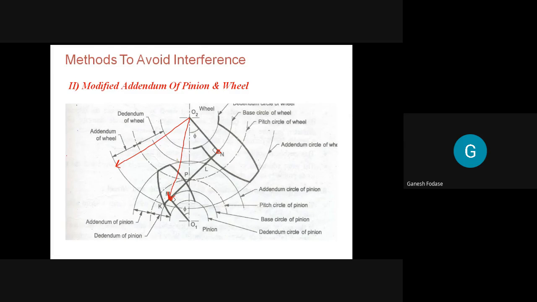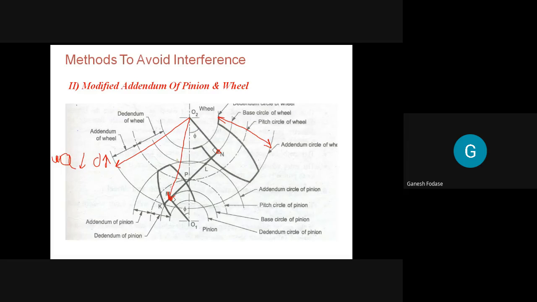But if I reduce the addendum, in order to maintain total depth, the dedendum must be increased. So the addendum is decreased and the dedendum is increased to maintain total depth. That is for the wheel.